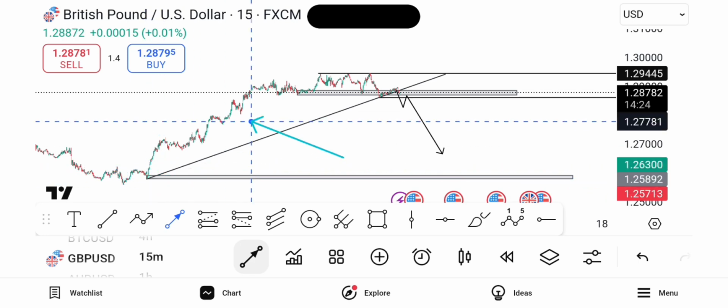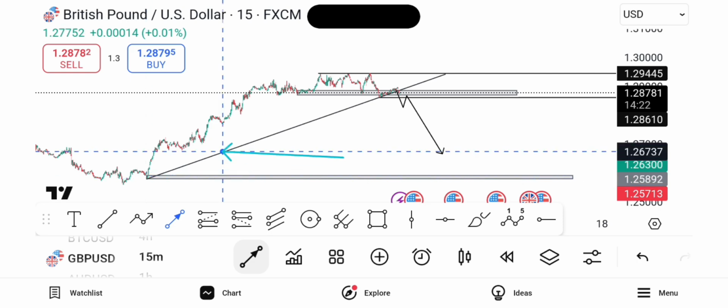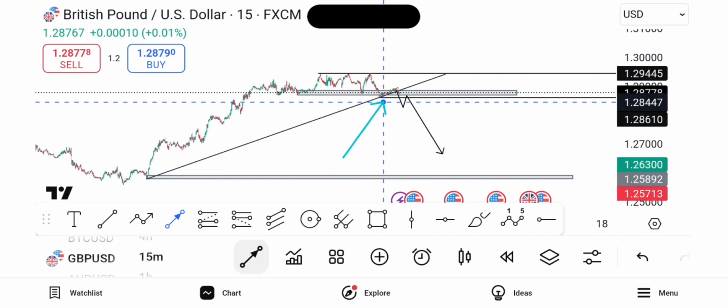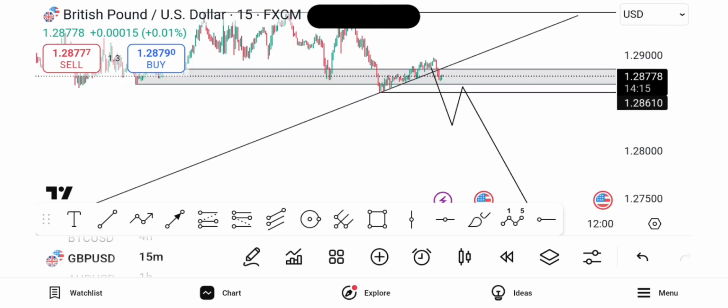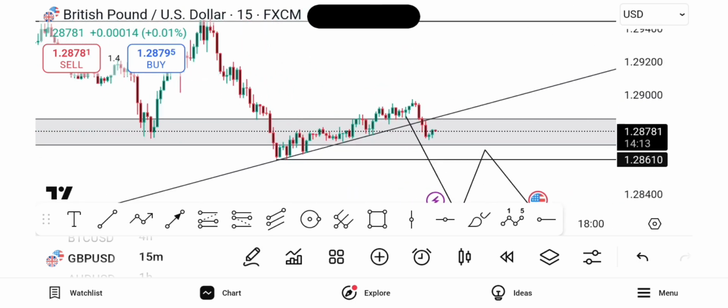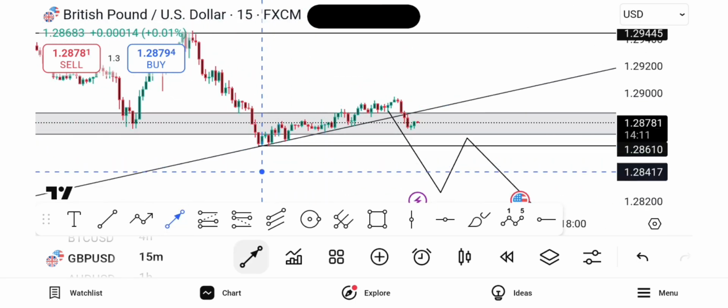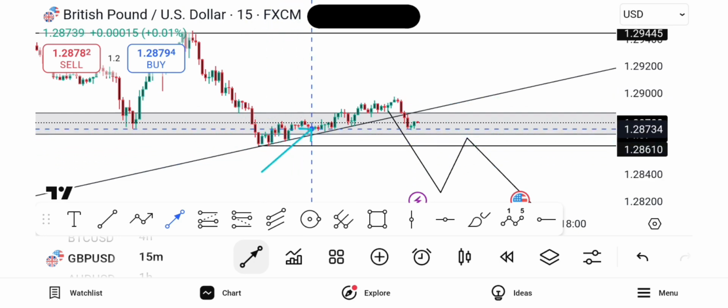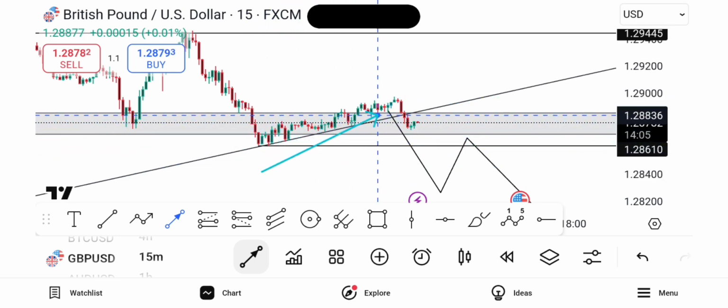Here there are 1, 2, 3, 4, so it's a strong zone.